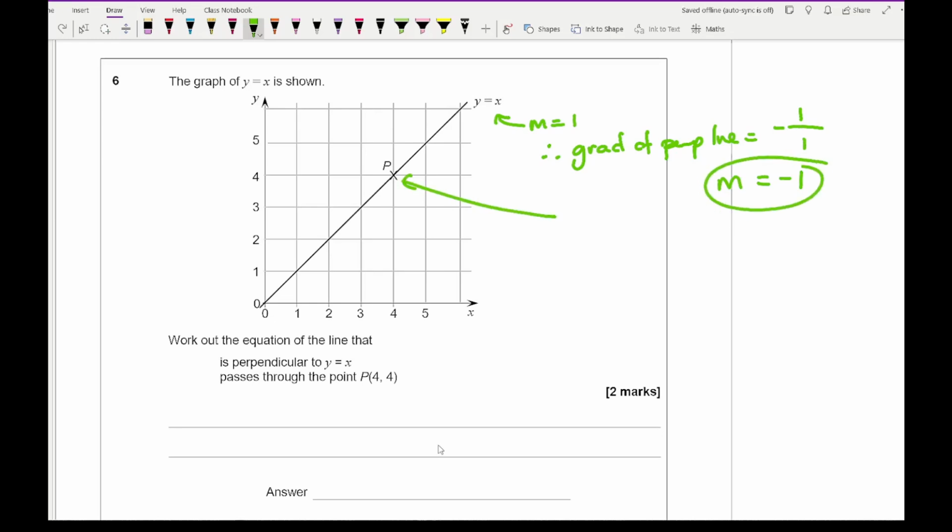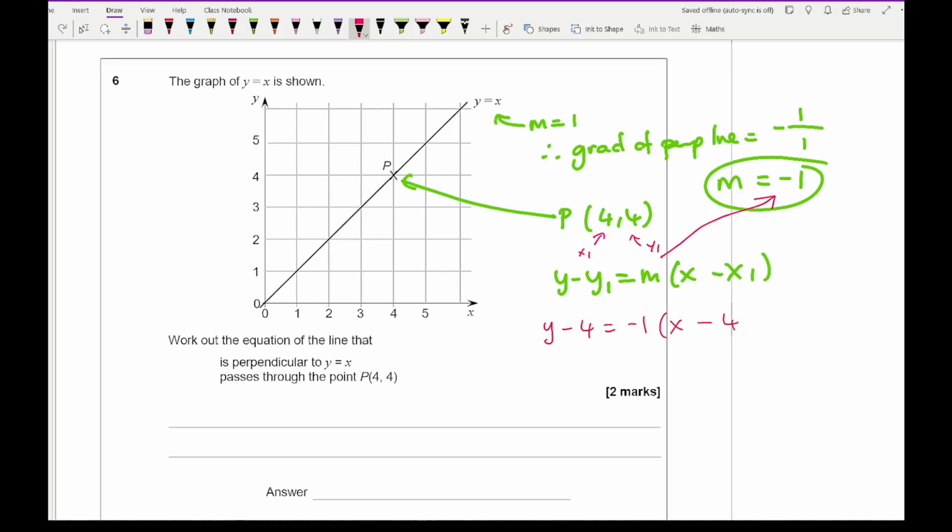Now the coordinates of P is 4, 4. So then using y minus y1 equals m(x minus x1), I know that these values here are my x1, y1, and this is my value of m. So then substituting that in, I get y minus 4 equals minus 1 (x minus 4).